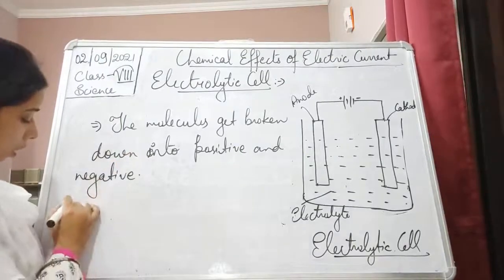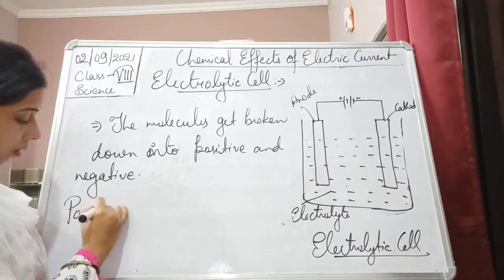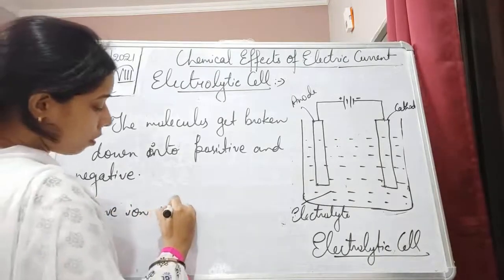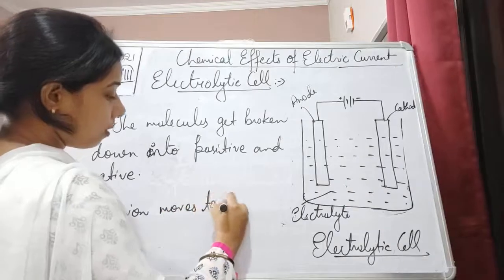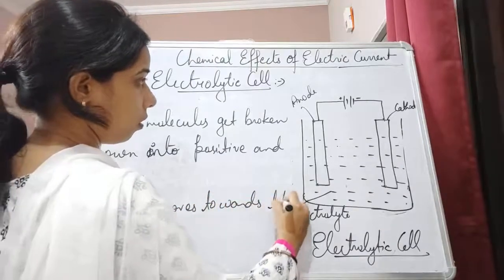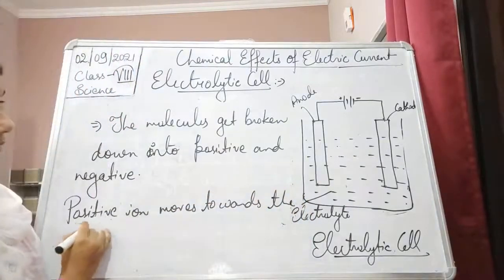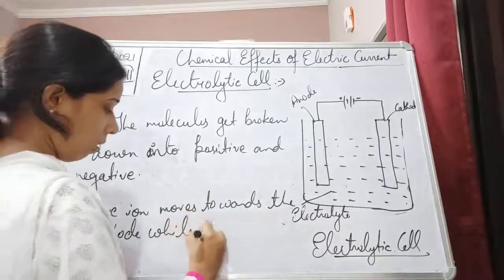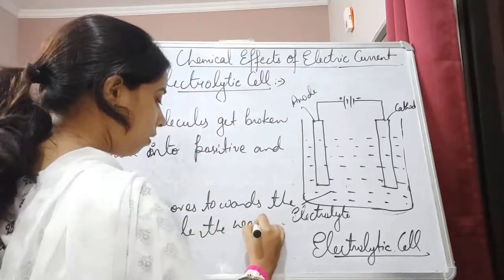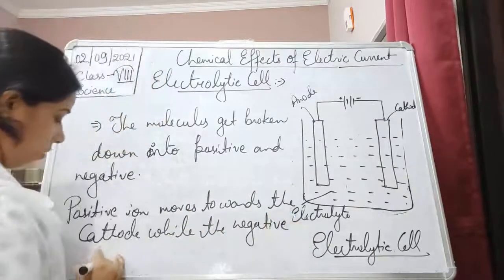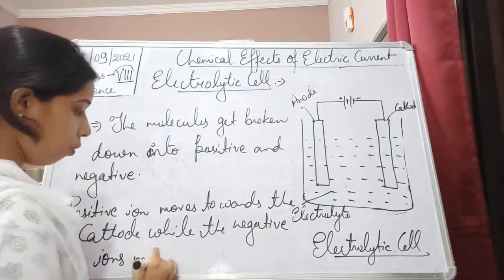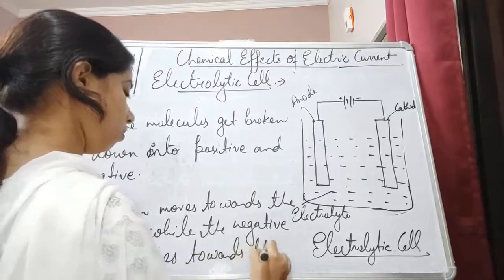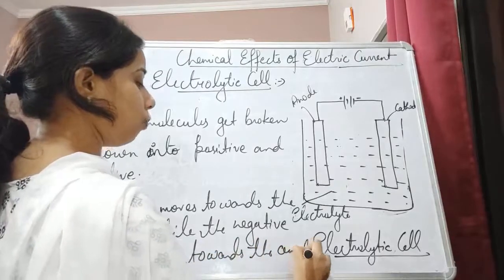So here the positive ion moves towards the cathode, while the negative ion moves towards the anode.